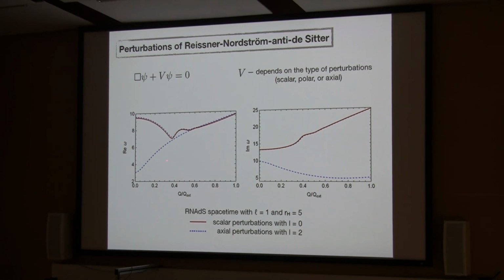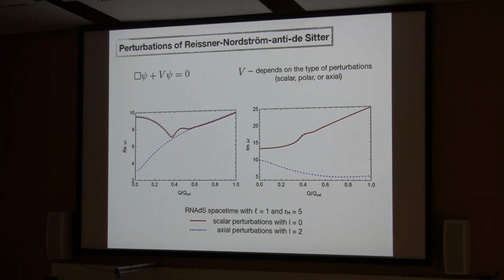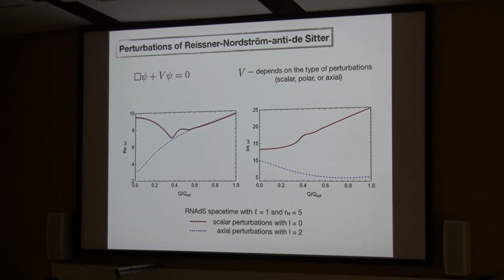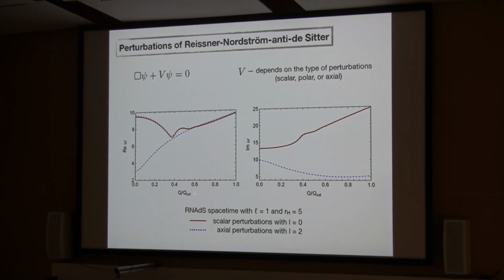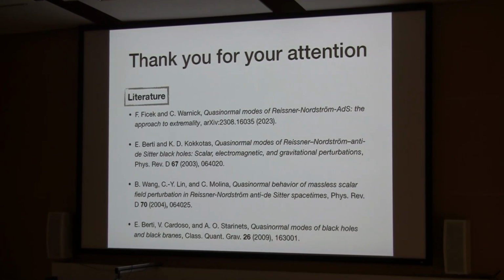And in fact, these two plots are the continuations of the plots I showed on the first slide, but while those plots finished at 0.6, using these methods we are able to go up to 1, so along the whole spectrum of possible values of sigma. And that's all I wanted to say. Thank you very much for the attention.